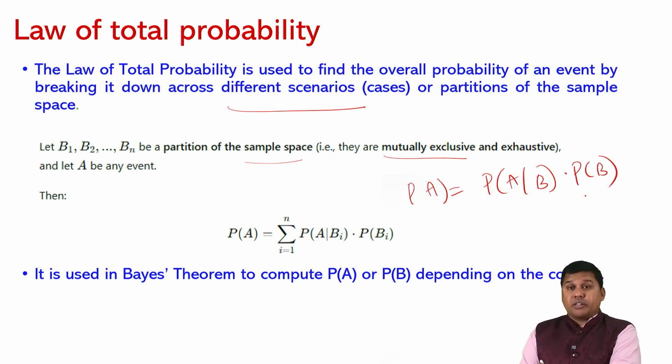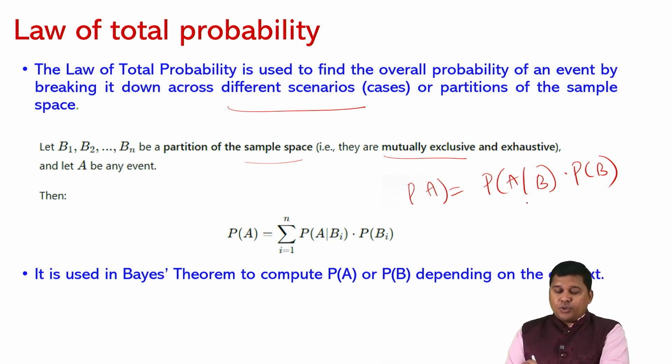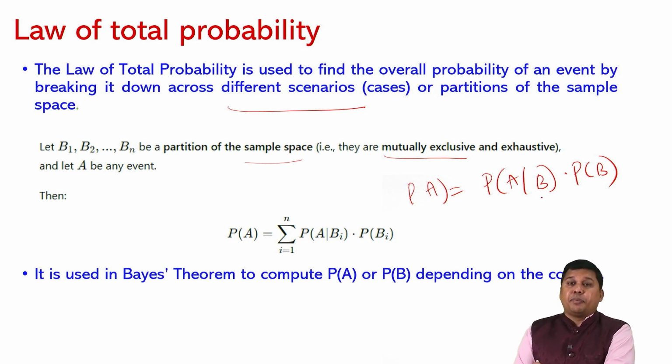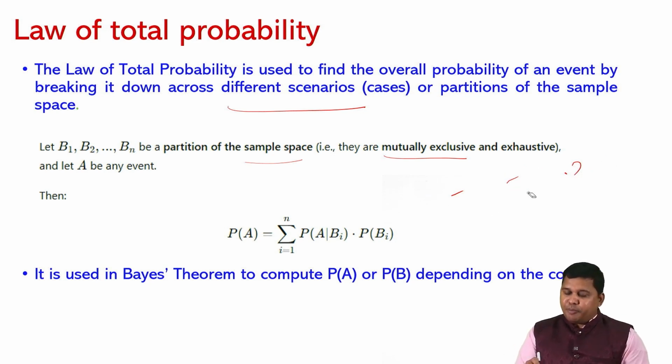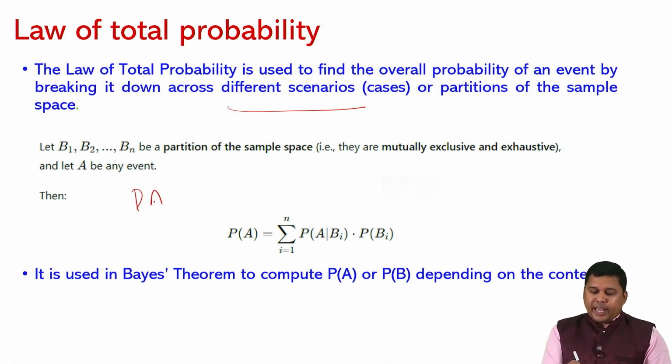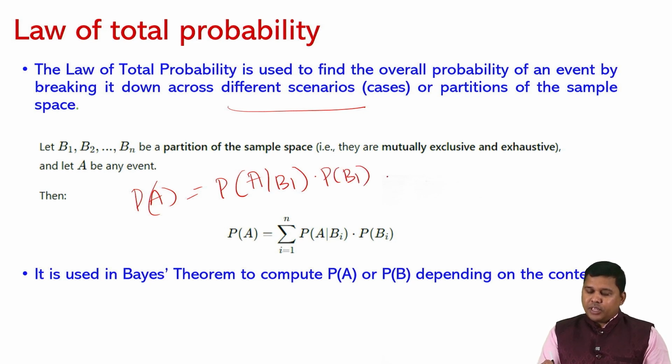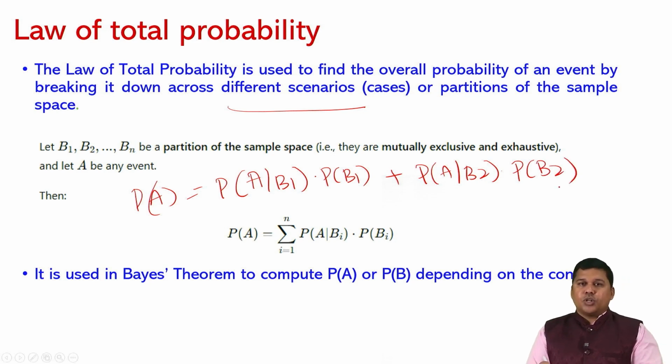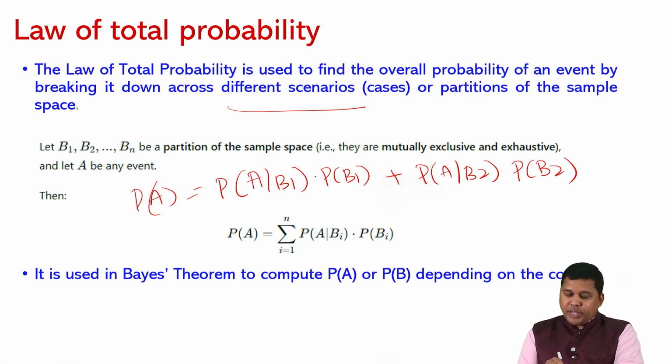When the events are mutually exclusive we use this, but if there are multiple events, B1, B2 and so many, P(A) becomes P(A|B1) × P(B1) + P(A|B2) × P(B2) and so on. Depending on the number of partitions, we keep applying this.